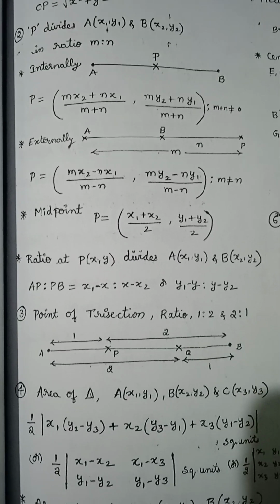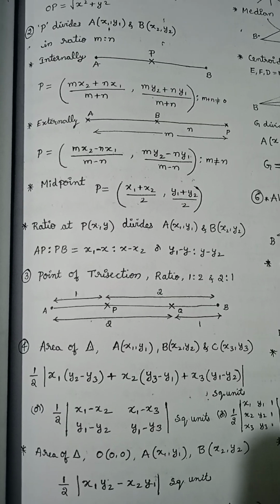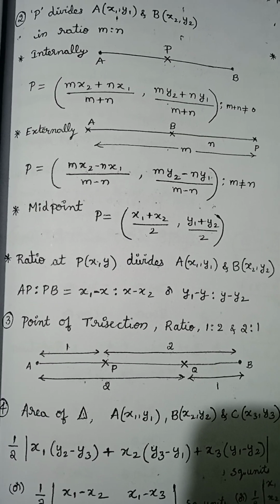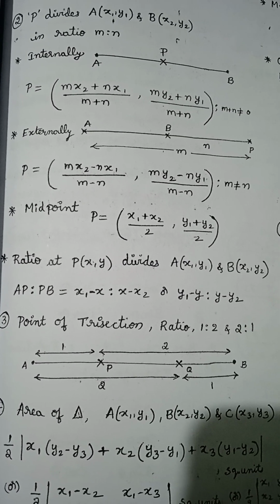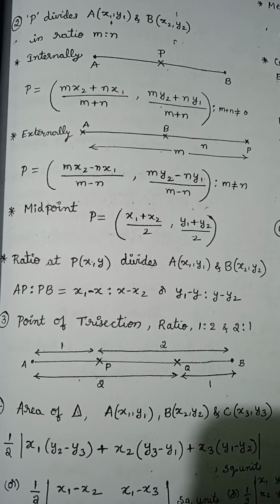If the point divides externally, then the coordinates are ((m x2 minus n x1) by (m minus n), (m y2 minus n y1) by (m minus n)).